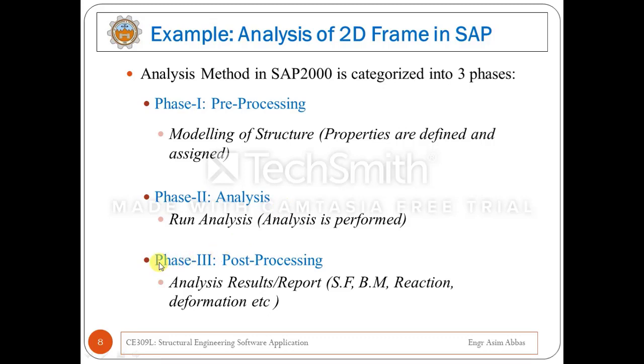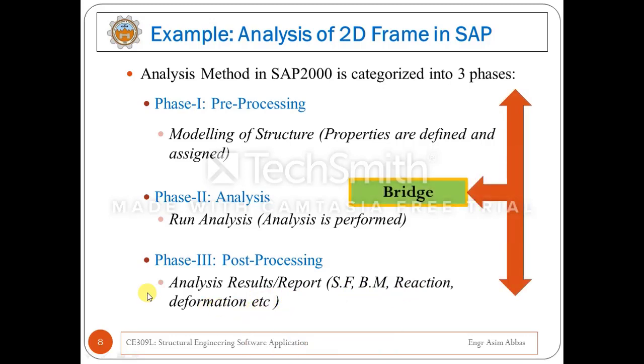And third phase is called the post-processing phase, where different analysis result reports are developed, or to display different results like shear force, bending moment, reaction, deformation, etc. And this phase 2 is actually the bridge between phase 1 and phase 3, right?